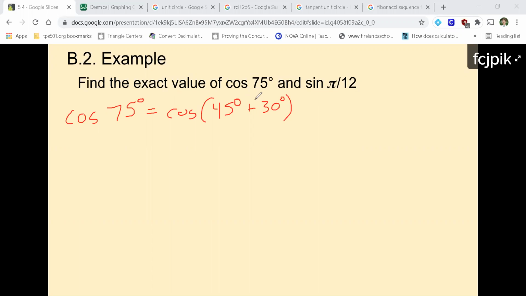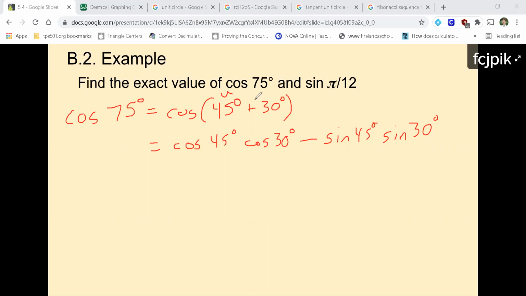So now if I use my sum and difference formula, we would get the cosine of 45 times the cosine of 30, minus the sine of 45 times the sine of 30. Remember, cosine of u plus v is just cosine of u, cosine of v, minus sine of u, sine of v.